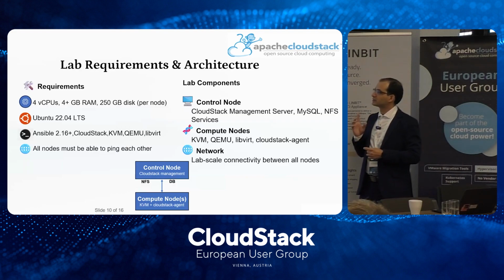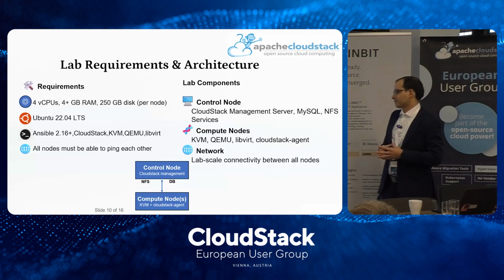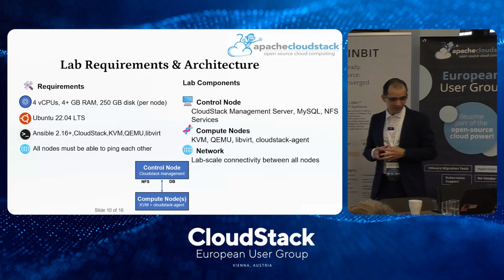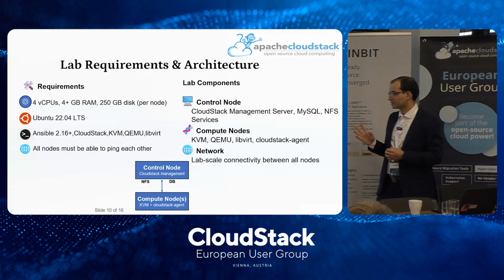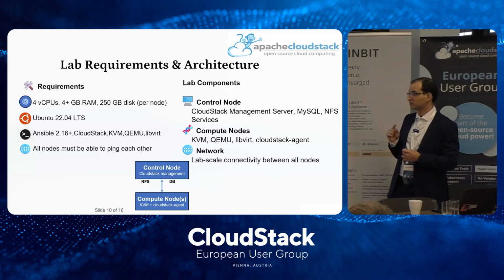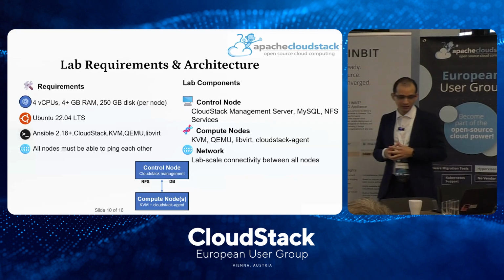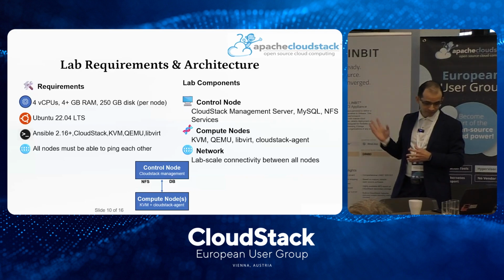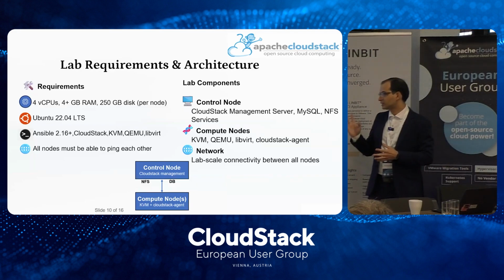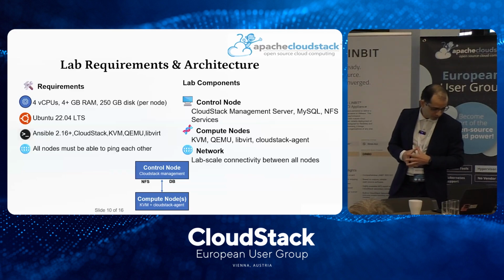It's important that at least the CloudStack node has 250 GB, because there, for this example, we will use it as primary storage and secondary storage. Of course, the best choice would be to have it in an NFS, in NetApp or whatever, but for this lab it's good enough, and for testing it's good enough.